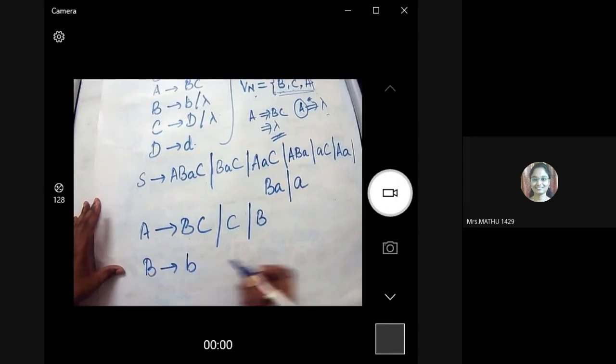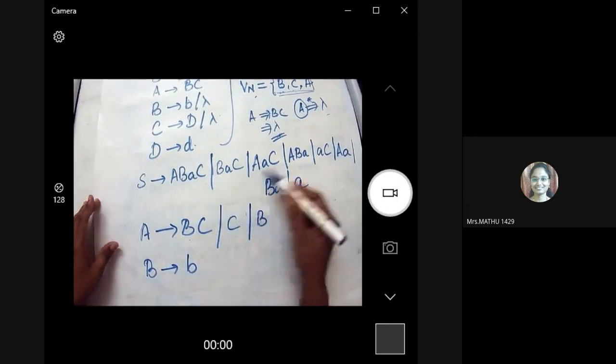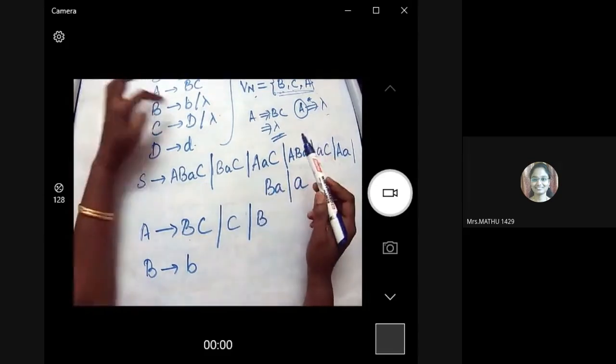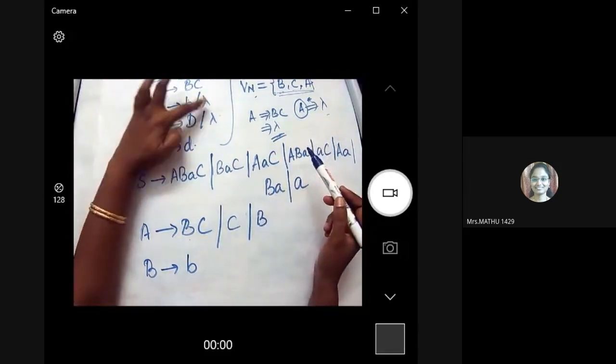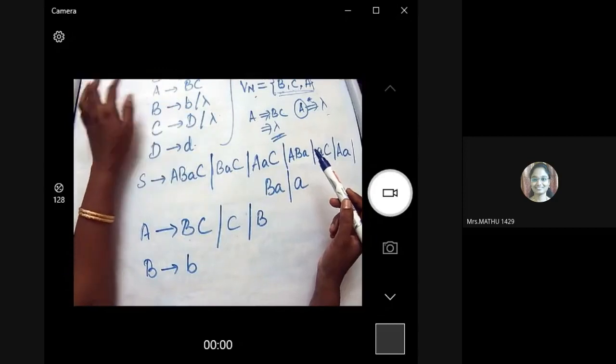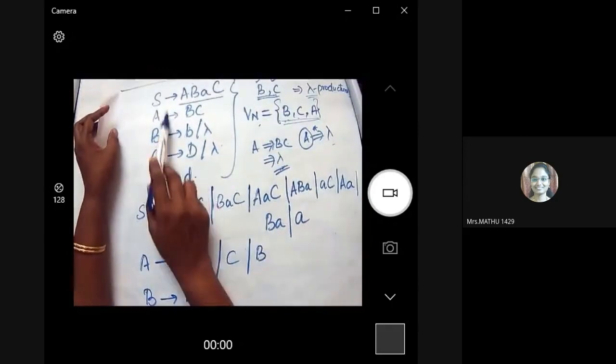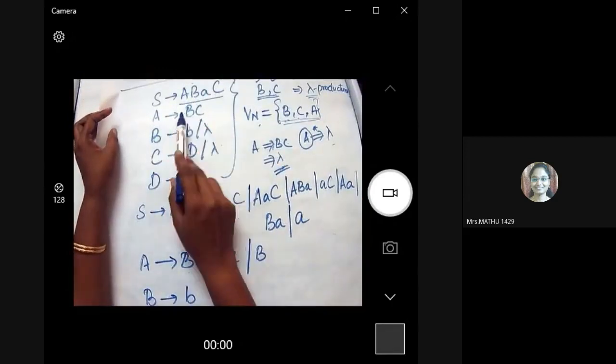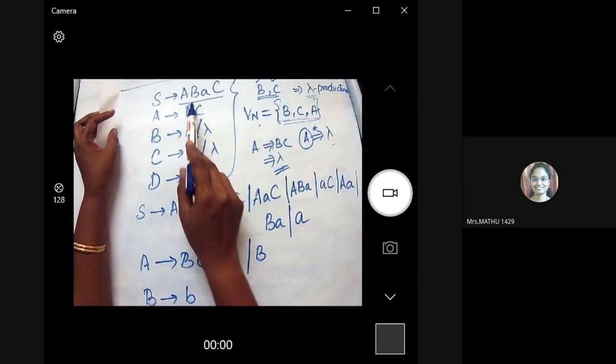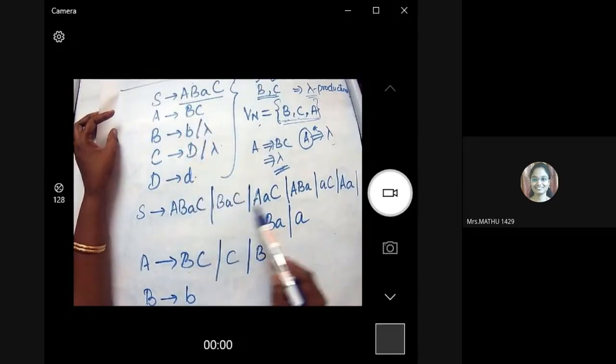And so now, because we have added all the new productions, there is no more B and C on the remaining productions anywhere. Only in the first two productions we have these nullable variables on the right hand side. So we have applied lambda for that in various possibilities, and we have generated new productions.